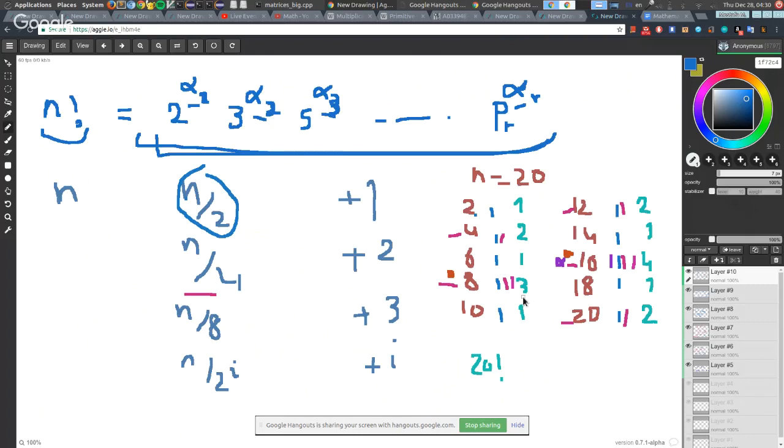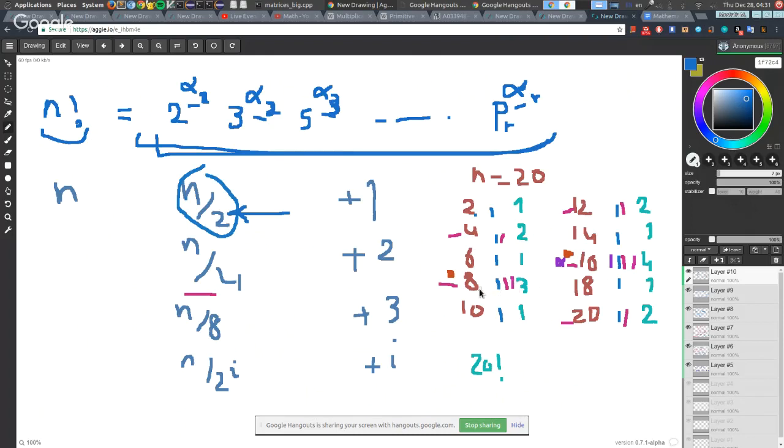So basically this will count the powers, as you can see. Here, this makes a contribution of only 1 to the exponent, which means it's only a multiple of 2 and not a multiple of 4, so it will only be counted here. For example, let's take the 8.